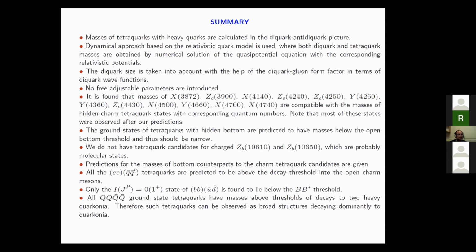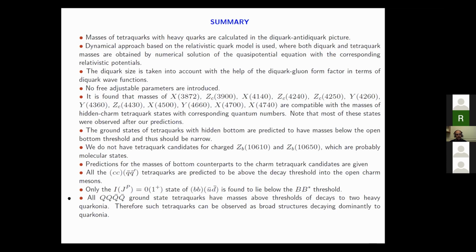The size of the diquark was taken into account. We do not have any free adjustable parameters in this approach, and it was found that the following masses are compatible with the masses of the hidden charm tetraquarks with corresponding quantum numbers. It's important to note that most of these experimental states were observed after our predictions.